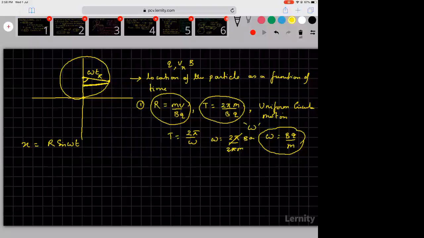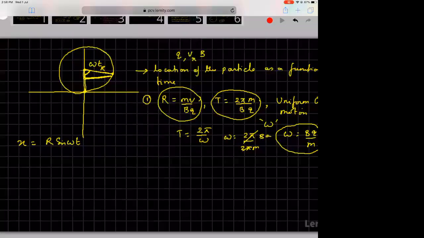Now initially at time t is equal to 0, the particle was here. After some time, the particle reached here. So the x coordinate is simply r sine omega t. The y coordinate is r minus r cos omega t. Now you know everything.